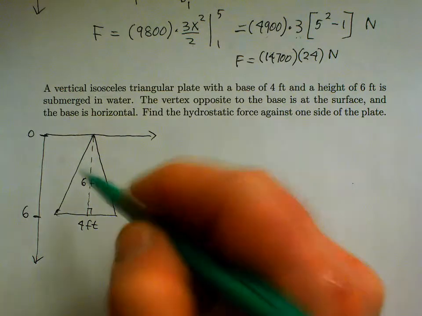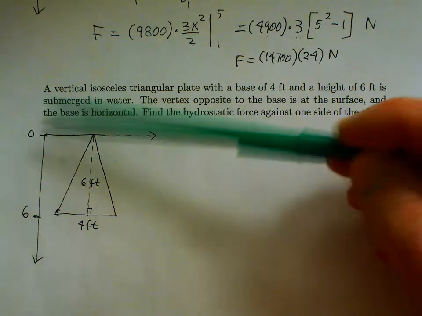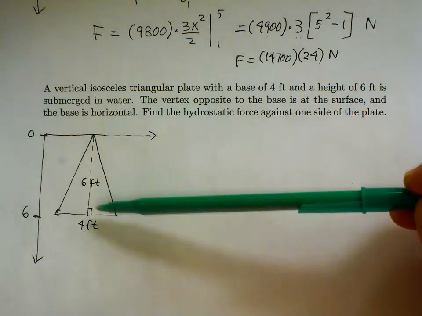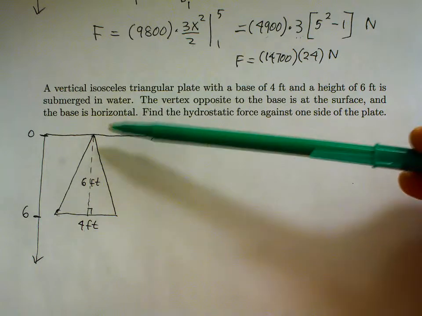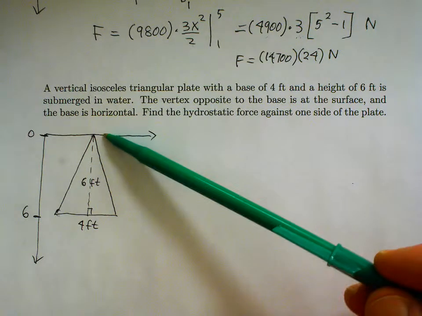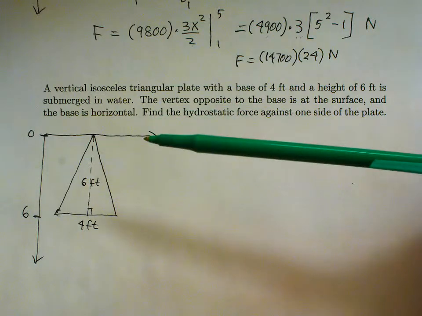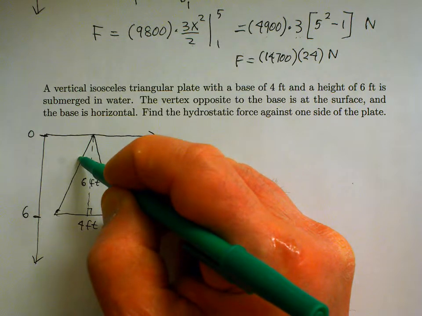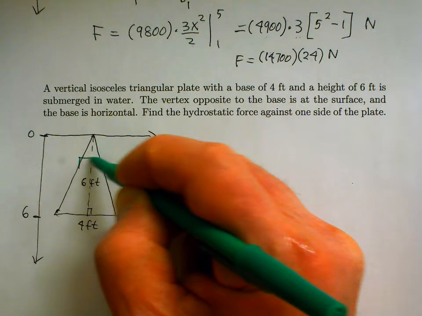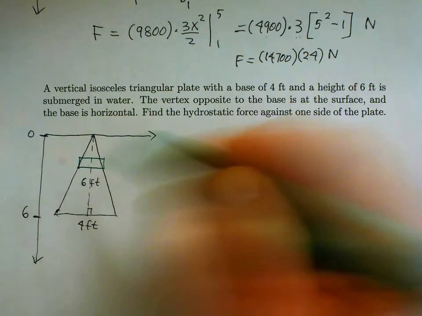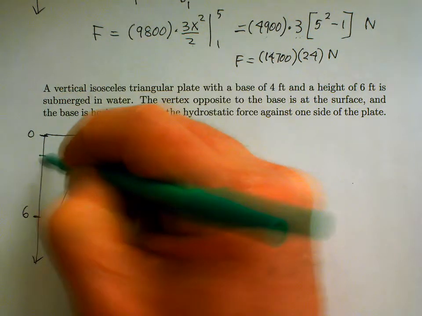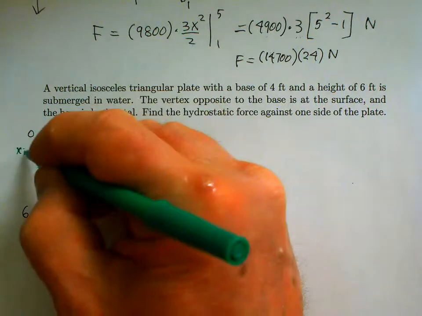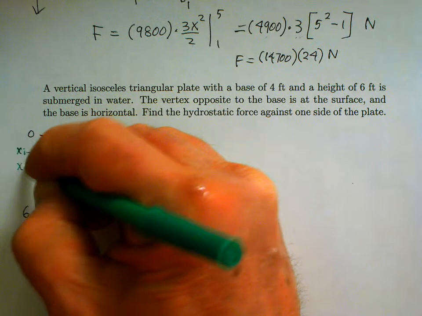Okay, so we want, as before, to subdivide the interval from 0 to 6 into n subintervals, each of length delta x. And then we'll want to construct rectangles that approximate areas. I'll refer to this as the ith rectangle on the interval from x sub i minus 1 to x sub i.